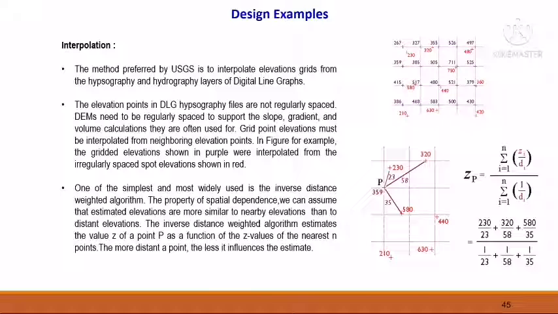The red thing here is an irregularly spaced spot which should be corrected. The purple grid is the corrected version of this nearest red thing, so this is a very minimal difference.